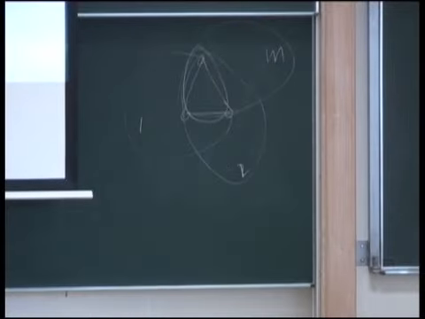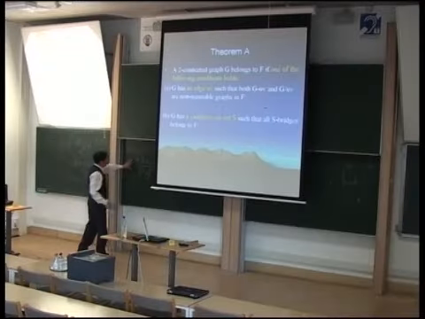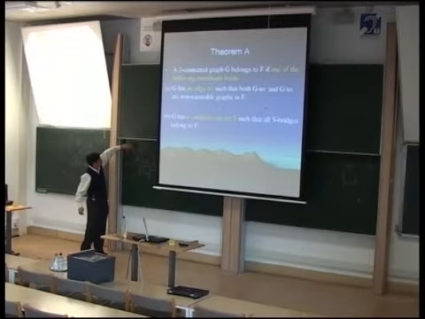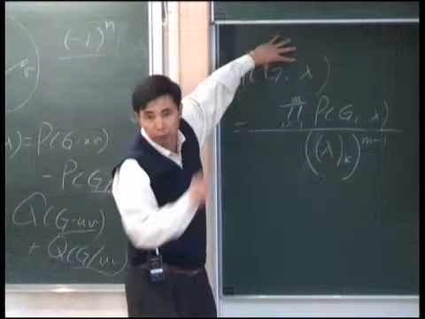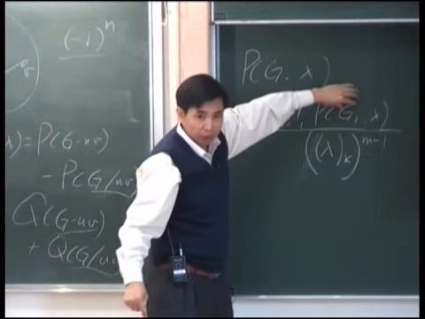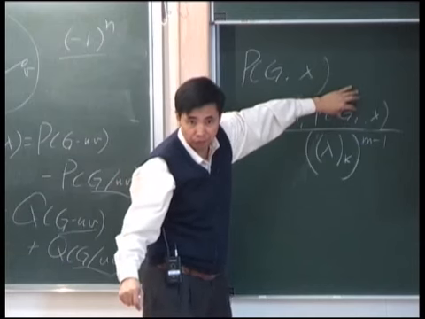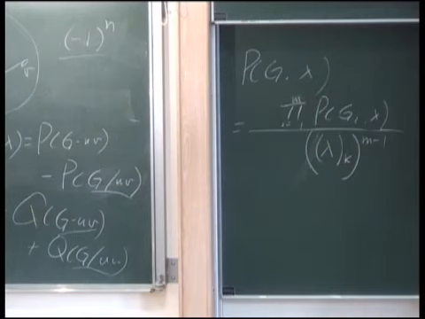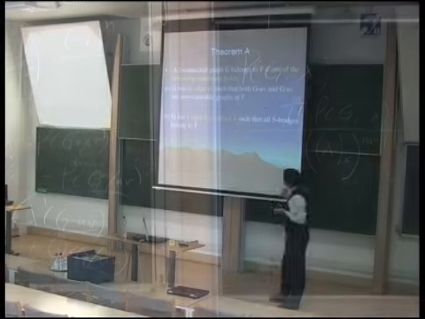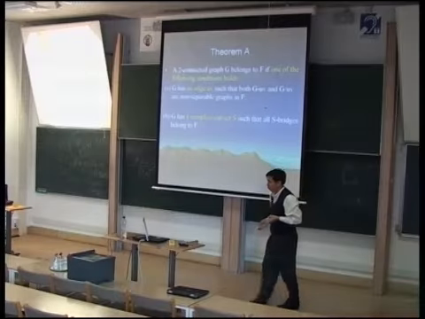From this formula, you can see if G has a chromatic zero between 1 and 2, then some subgraph G_i must have a chromatic zero between 1 and 2. So as long as all S-bridges belong to F, then G must be in F also.